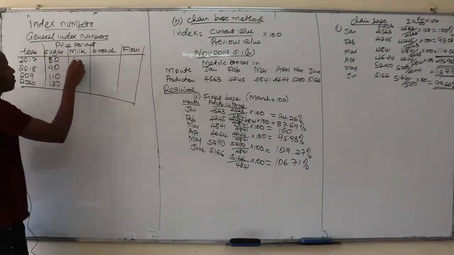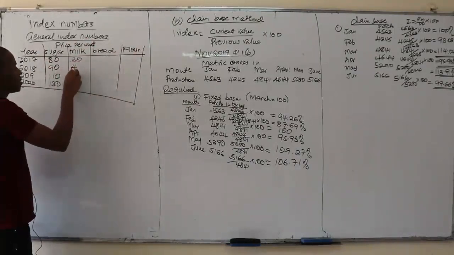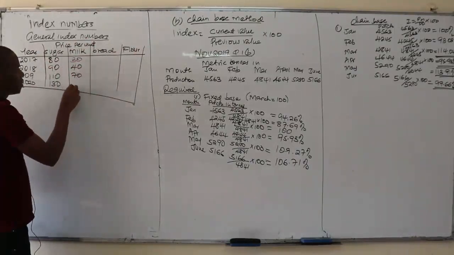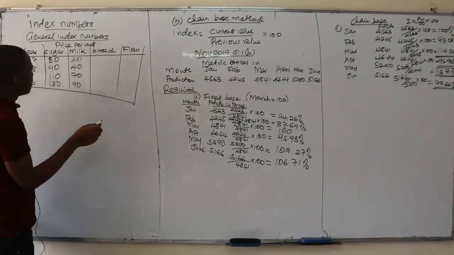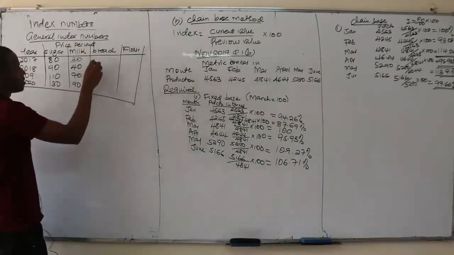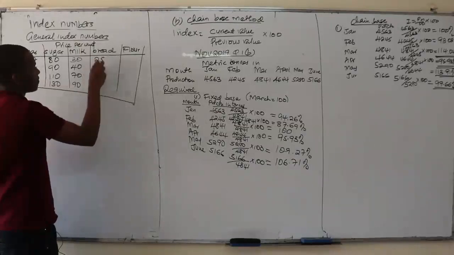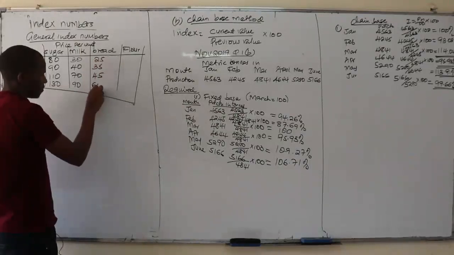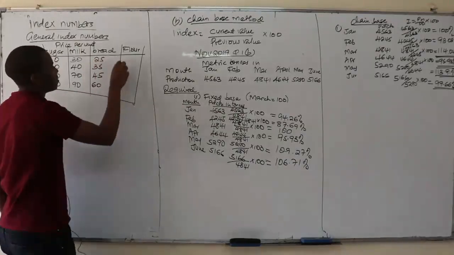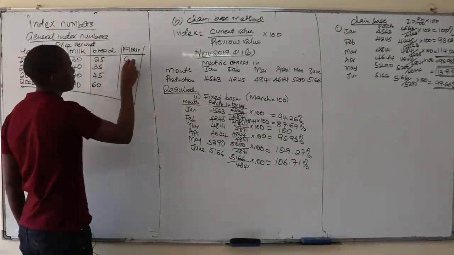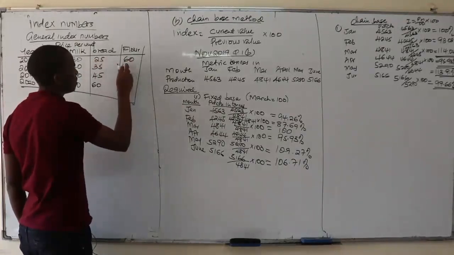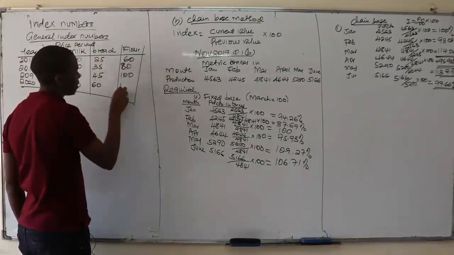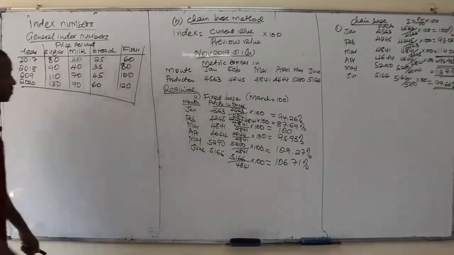This one you can give it 30, 40, 70, and 90. This one also you can have it as 25, 35, 45, and 60. This is 60, 80, 100, and 120.